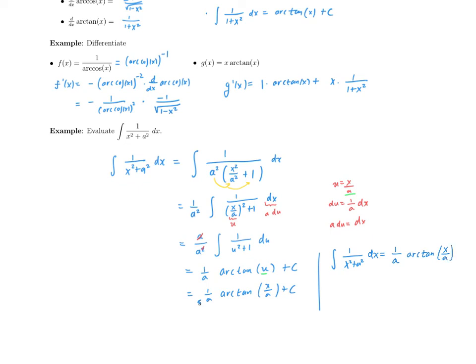So from a pattern recognition standpoint, it has a nice form with the 1 over a, x over a. So once again, another formula to add to our list that we need to be familiar with.